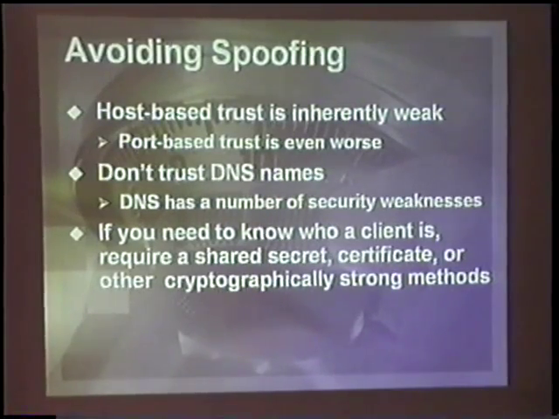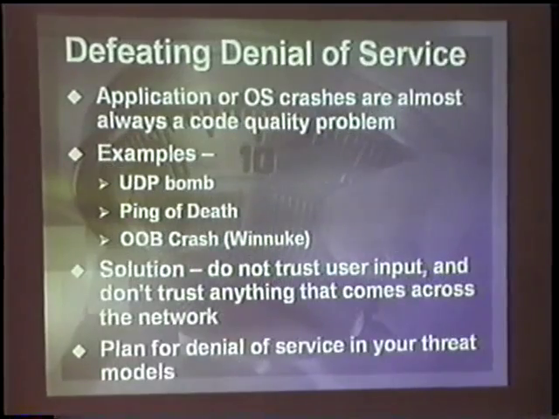And now your resolver's corrupted, and now you're going to the wrong host, and away we go. If you need to know who a client or a server is, require a shared secret. Use some cryptography. Use some certificates. Make sure you know who you're talking to, because you can't rely on DNS names. It's just not something you can really trust.